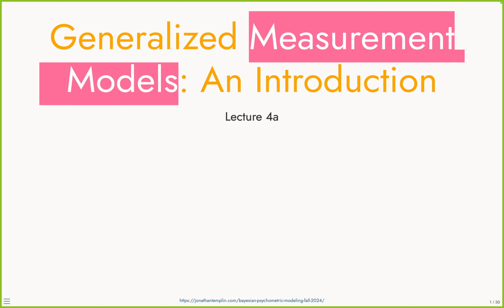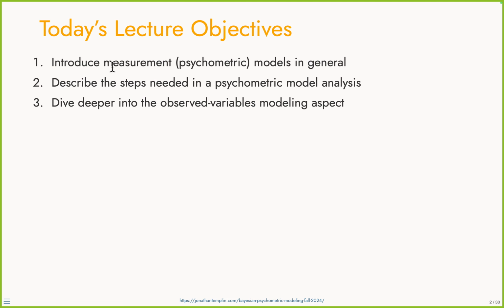It's measurement in a sense. All right, so today we're going to talk about measurement models in general. Again, I'm giving you this in a generalized framework. All the models that we talk about in here are going to be versions of ones that you'd see in Lisa's SEM class or somewhere between SEM and item response theory.